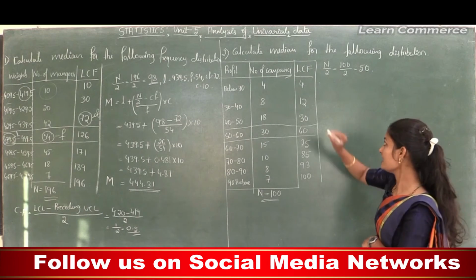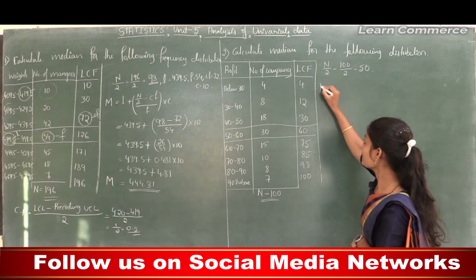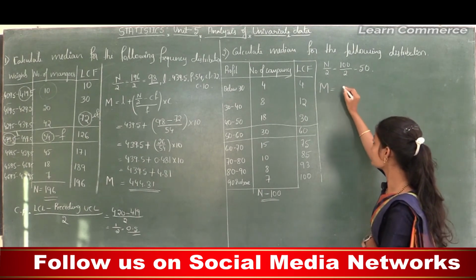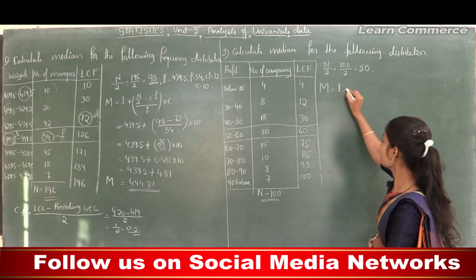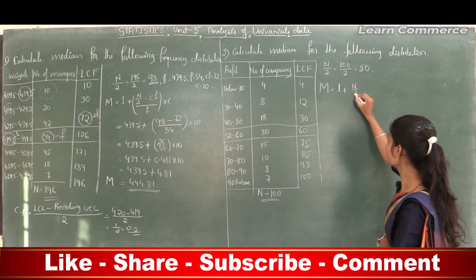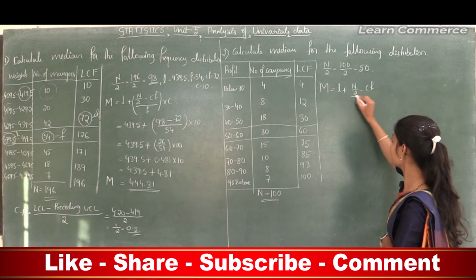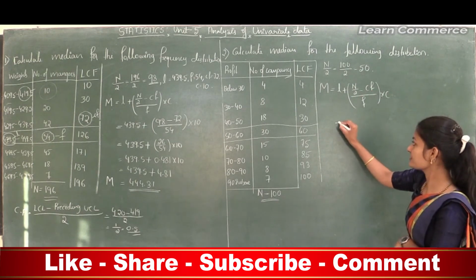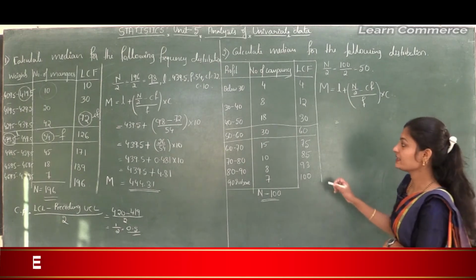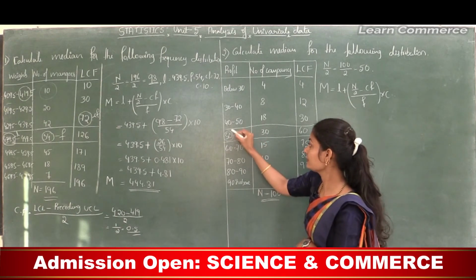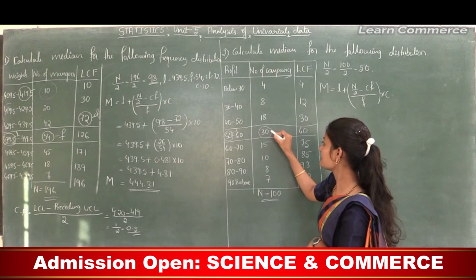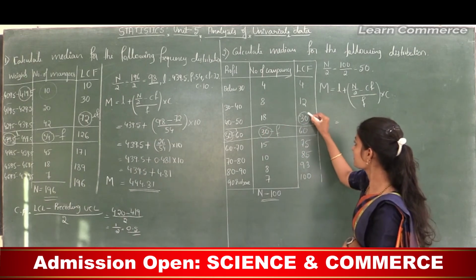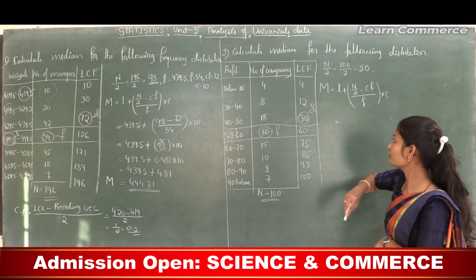Next, to calculate the median, I will use the formula M is equal to L plus (N by 2 minus CF) divided by F into C. What is L here? L is 50. This is the frequency, this is the cumulative frequency.